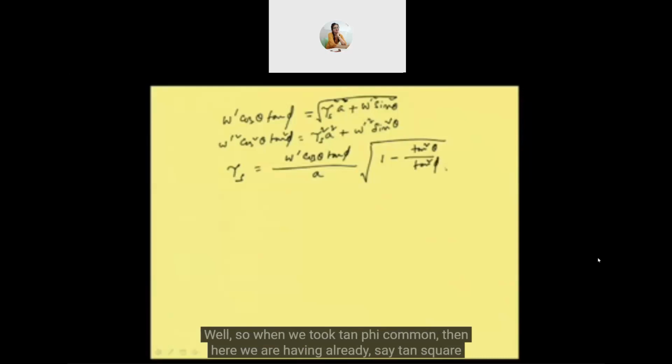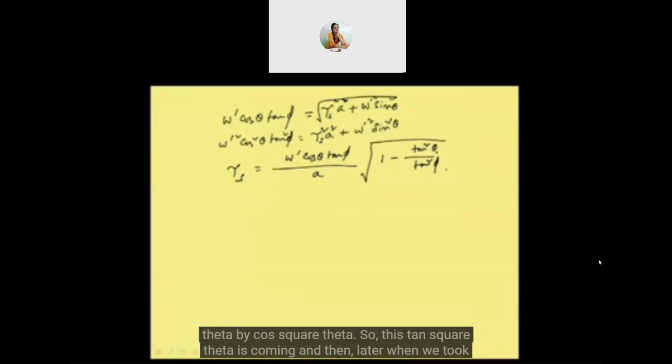When we took tan phi common, we already had tan square phi coming here. And we are taking cos theta common, in fact we took cos square theta, so it is becoming sine square theta by cos square theta, so this tan square theta is coming.